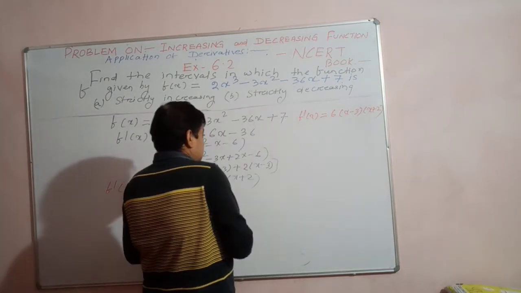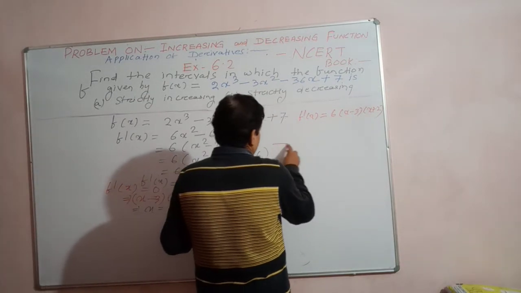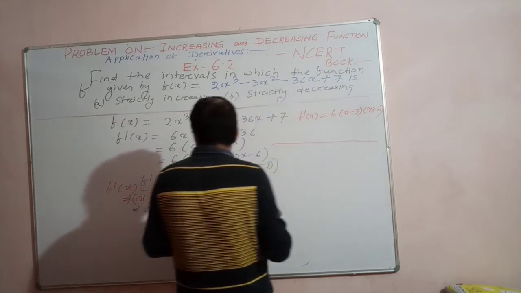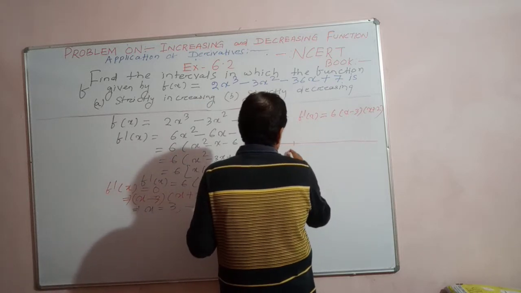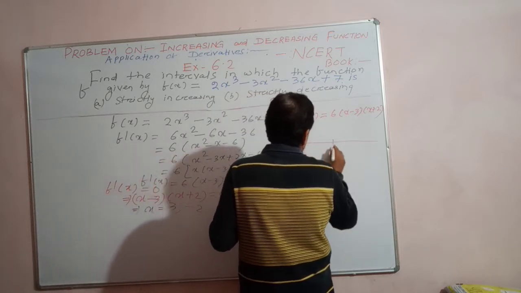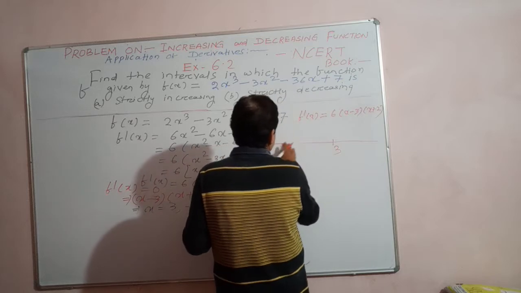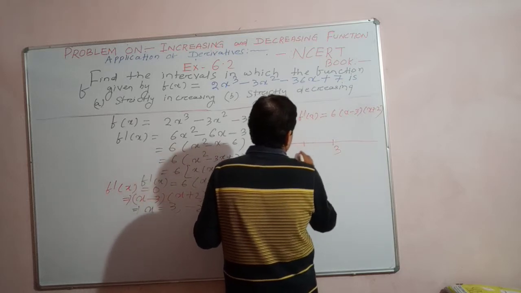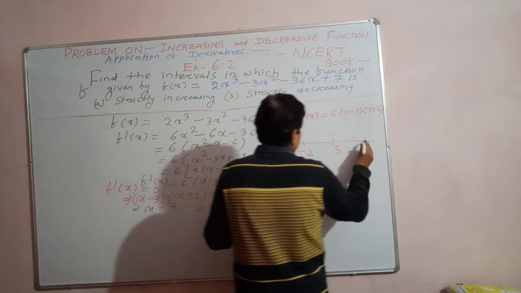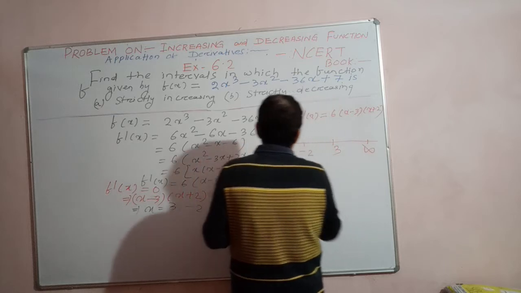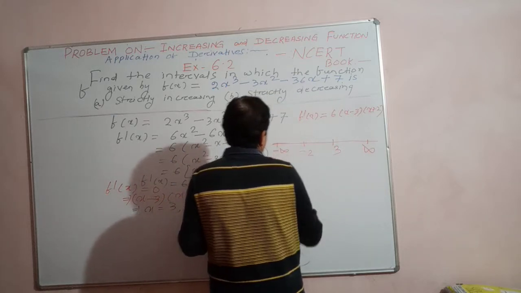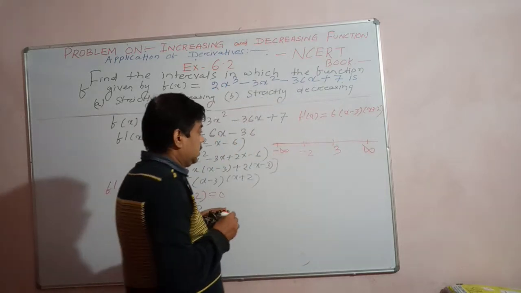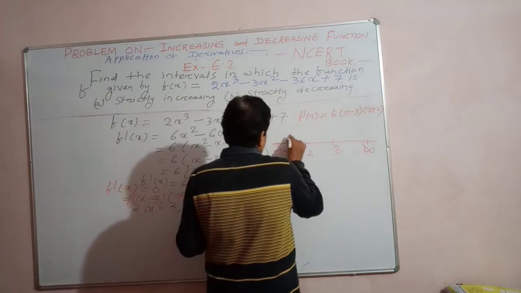Draw a real number line, and here x is equal to minus 2 and x is equal to 3. Here we get plus infinity, here is minus infinity. So we are getting intervals. How many intervals? 3 disjoint intervals we are getting.